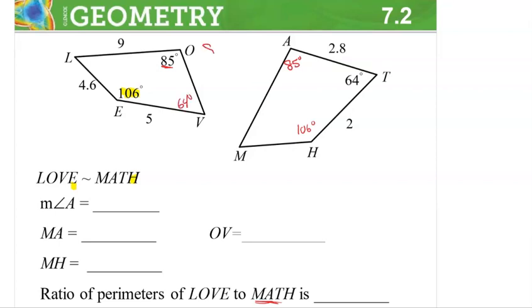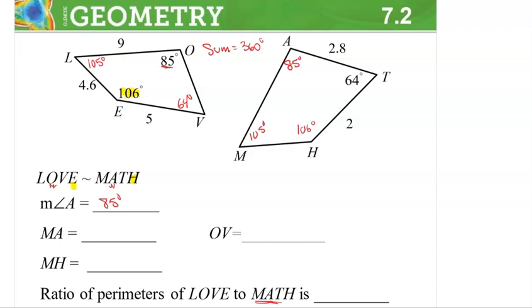The sum of the angles in a quadrilateral is 360. So if we subtract all of these other angles from 360, then we end up with 105. So 105 degrees doesn't look like it's drawn to scale, does it? So the measure of angle A is 85 degrees. And again, we got that from this fact. The O and A are in the same position in the similarity statement.